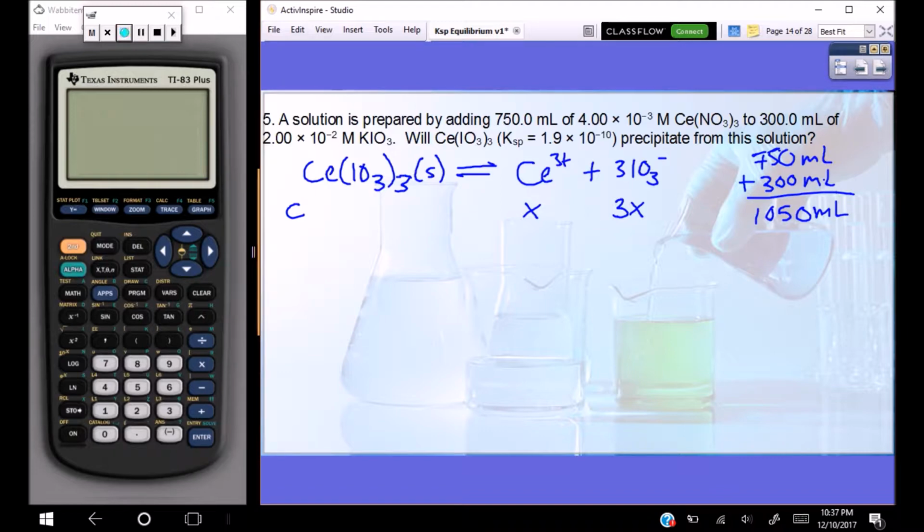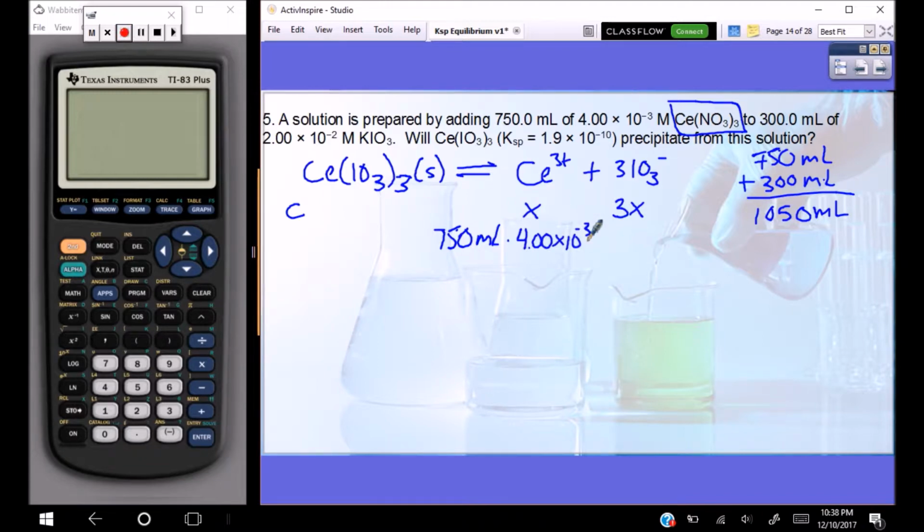All right. So before I plug in anything, let's figure out my new concentrations. So concentration for my cerium. All right. My cerium nitrate concentration is going to be the same as my cerium 3+ concentration. So I've got 750 ml times 4.0 times 10 to the negative third molar.